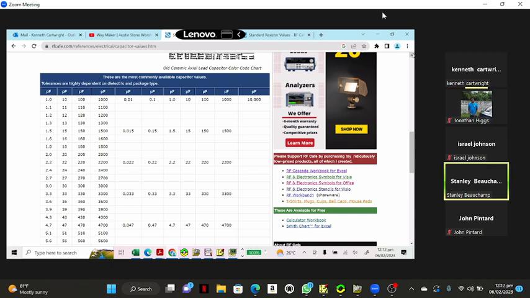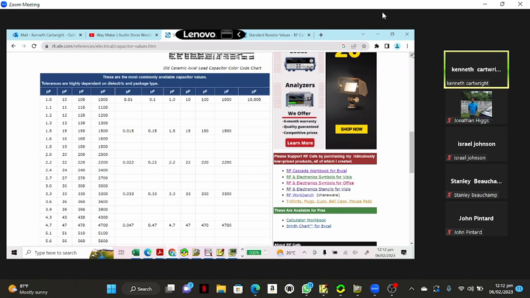Yeah, it is. So we want to use 150 picofarad. But we ain't done.